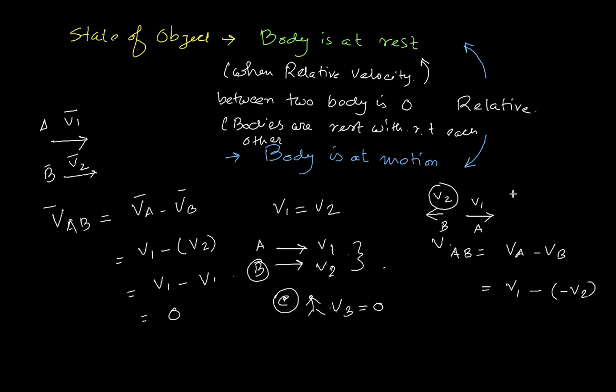If this is the positive direction, then this is obviously the negative direction. So the direction of v1 is positive and the direction of v2 is negative. So what is the effective velocity? v1 plus v2.